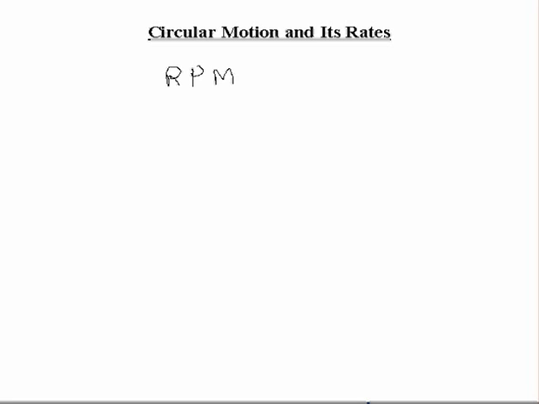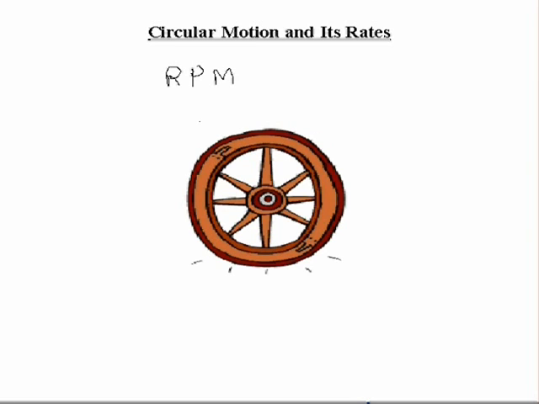But let's go back and consider some other options for analyzing rotational motion as well. Let's think about the motion of a wheel. And I like this spoked one for a couple of reasons. But think about the fact that, let's say, this particular wheel is rotating in this direction.